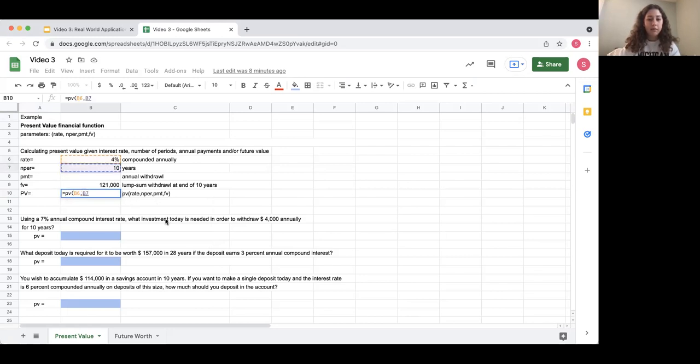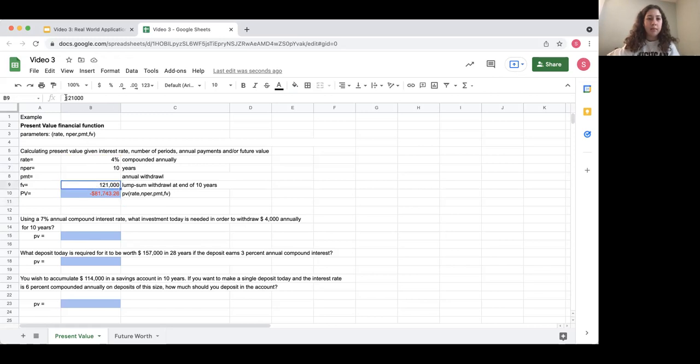The next input would be payment, but since we don't have that, we just do a comma and leave it blank, then add another comma. And then you want your future value of 121,000. Then you close the parentheses and press enter. And that'll give you 81,743.26.